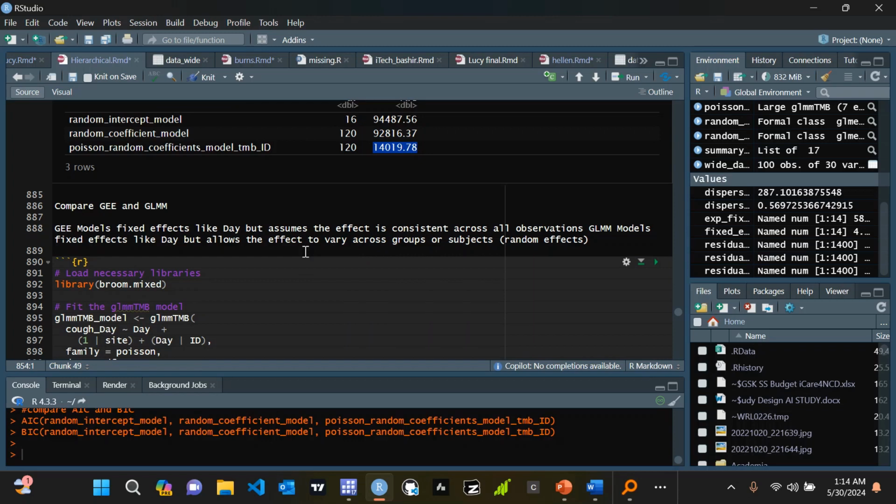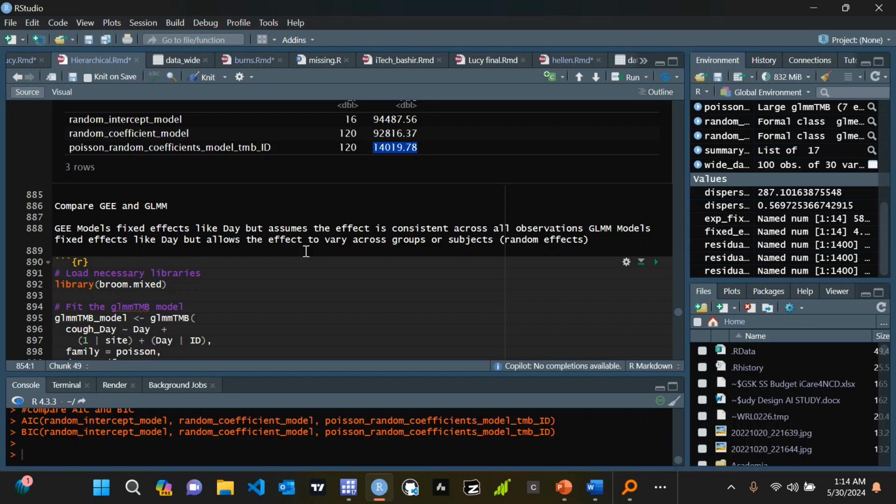So now, how about the GEE, the generalized estimating equations? How do they differ from GLMM models? GEE models have fixed effects like day, but they assume that the effect is consistent across all observations.